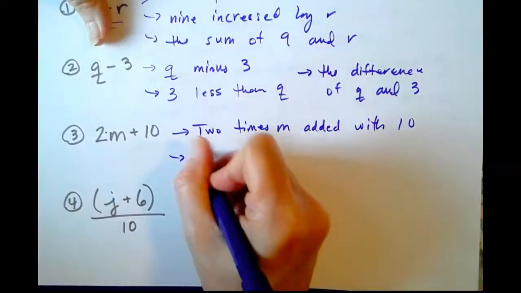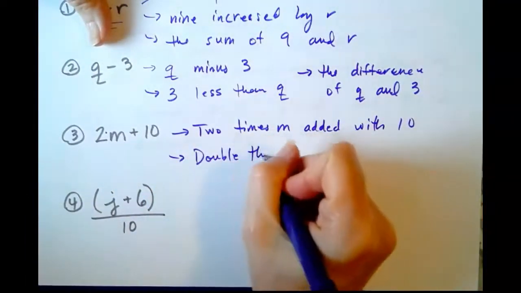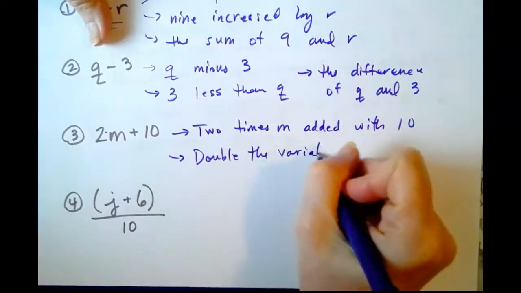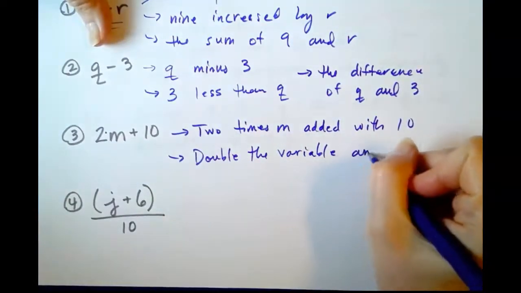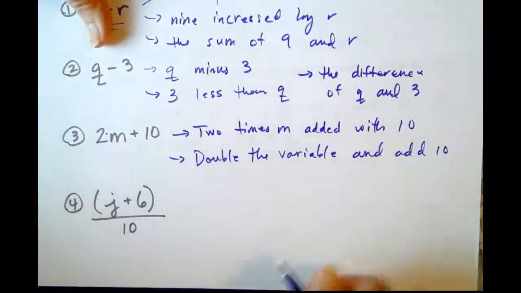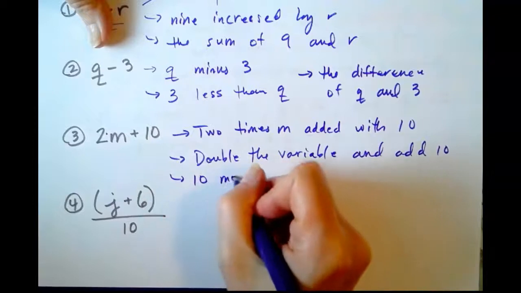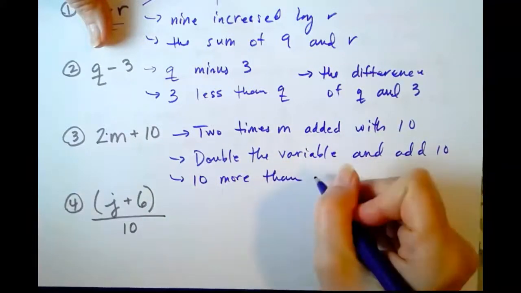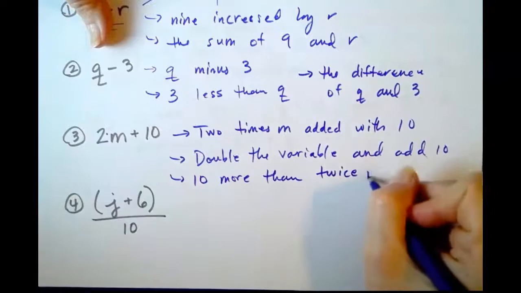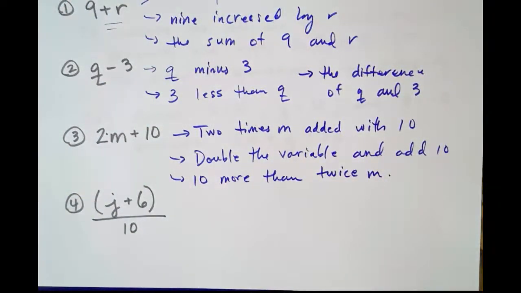We could say double the variable and add 10. Another way to say it. Or we could say 10 more than twice m. 3 ways to say the same expression. And once again, these are all expressions. They're all expressions because they are not set equal to anything. They become an equation once we set something equal.